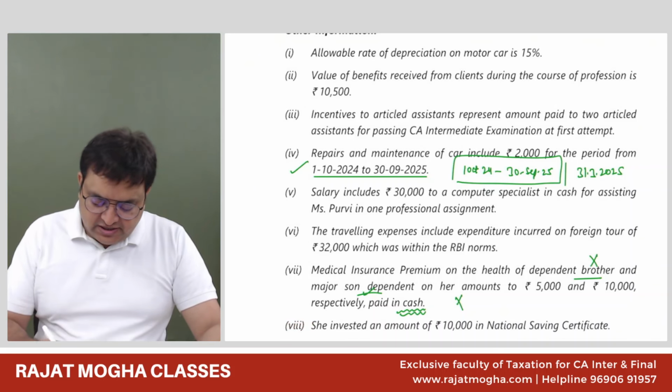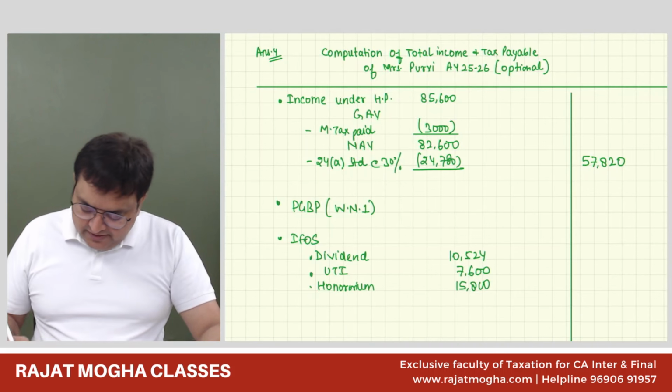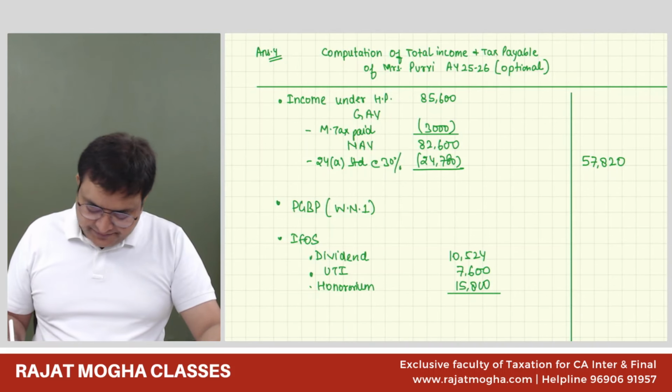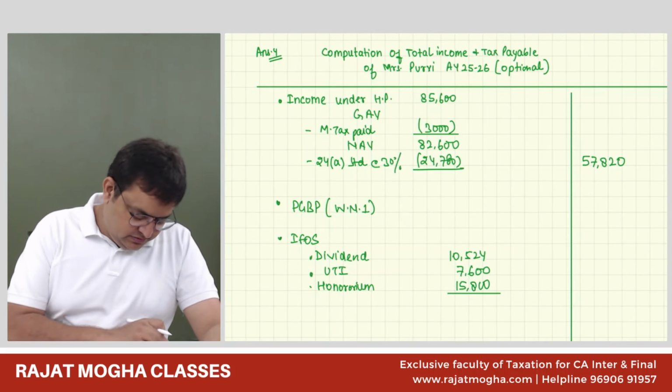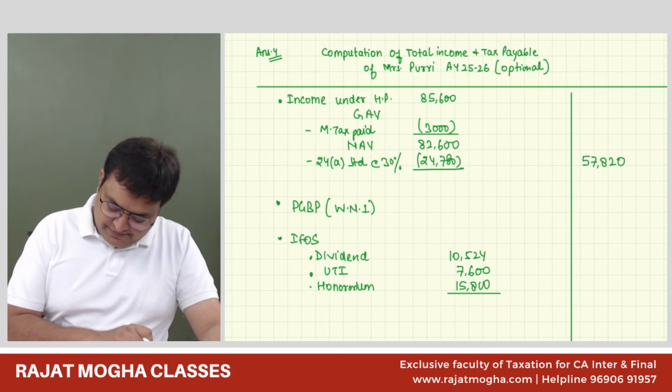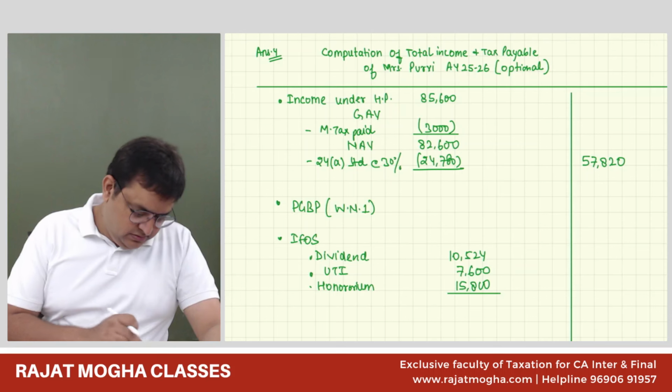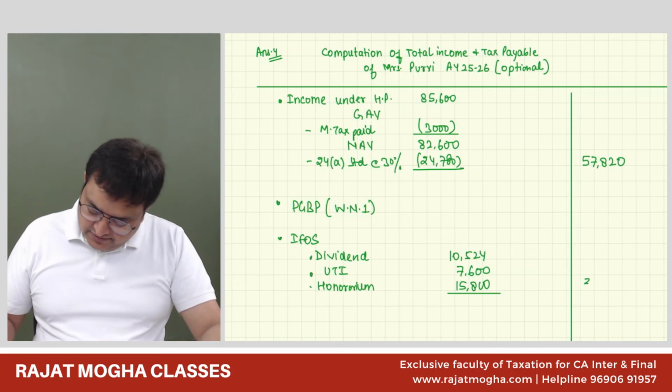No, there is no such other IFOS. So this will be my only IFOS. 33,924. So we'll calculate our PGBP and then would be our gross total income.